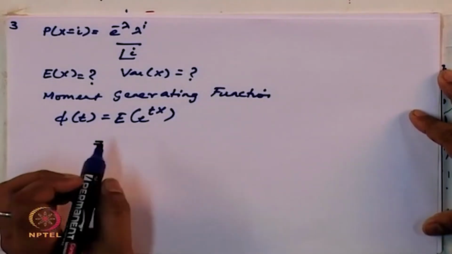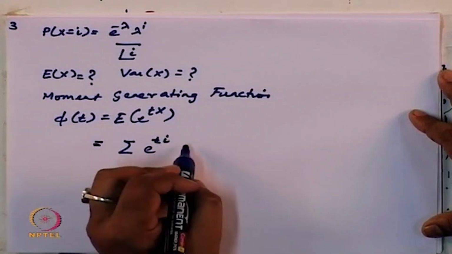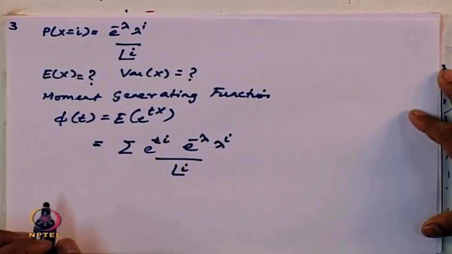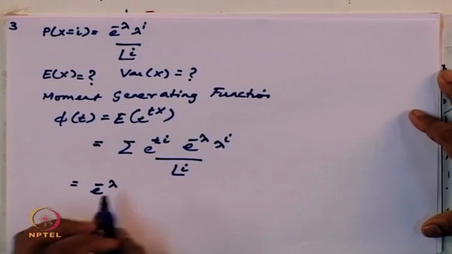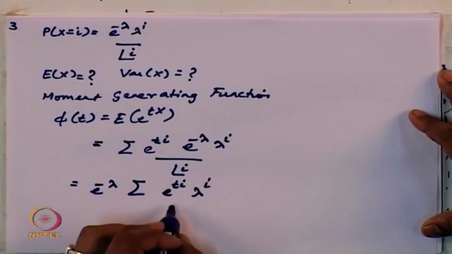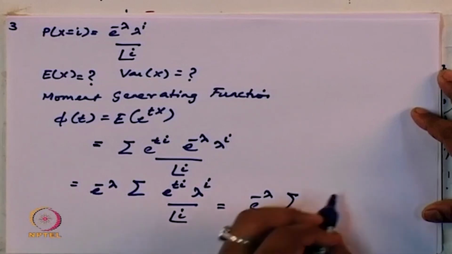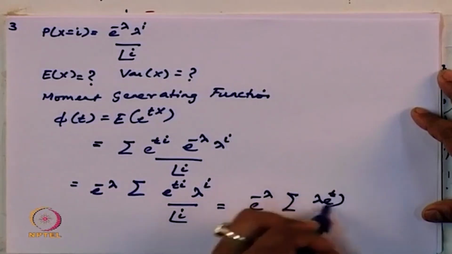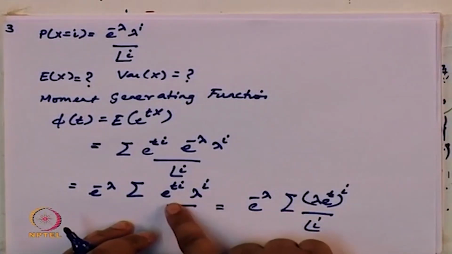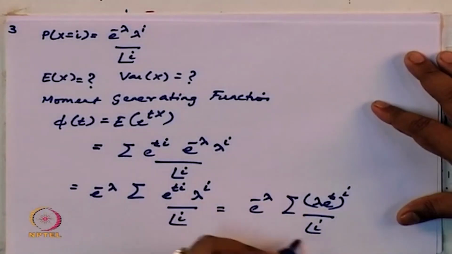In this case this is the summation of e^(ti) e^(-lambda) lambda^i by factorial i. I can take out e^(-lambda) and you have the summation of e^(ti) lambda^i by factorial i, that is, (lambda e^t) whole to the power i.